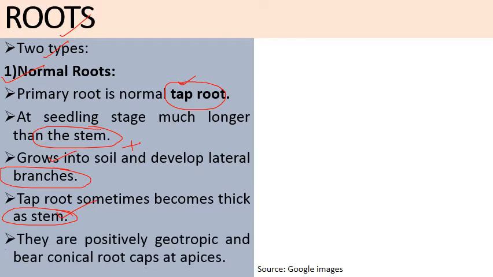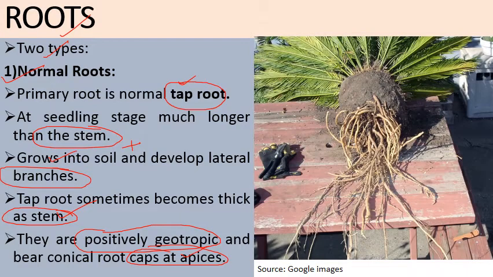They bear conical root caps at the apices, and the root caps protect the apical region of the roots. So this is the photograph which shows the normal taproot system of Cycas, and it grows positively geotropic. It shows positive geotropism, meaning it grows inside the earth's surface.